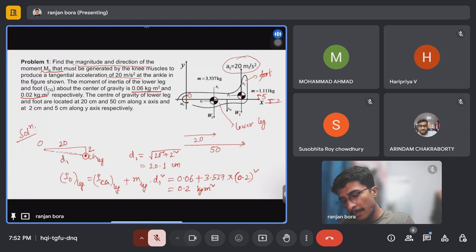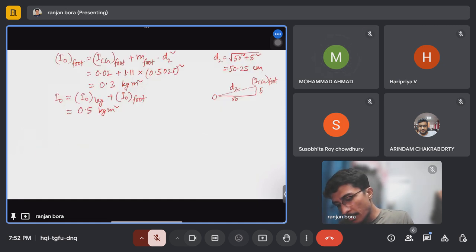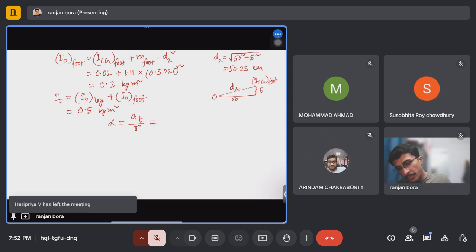We have one formula, alpha equals a t divided by r, r is the radius. So it is given 20 and it is 50 centimeter.